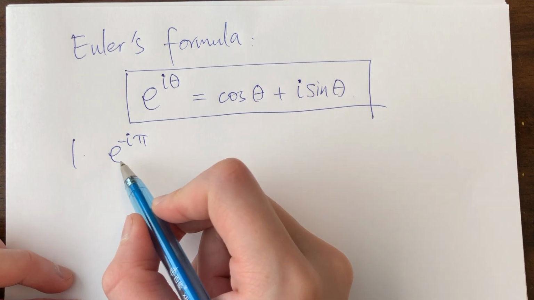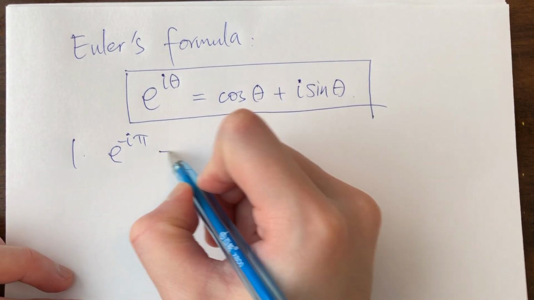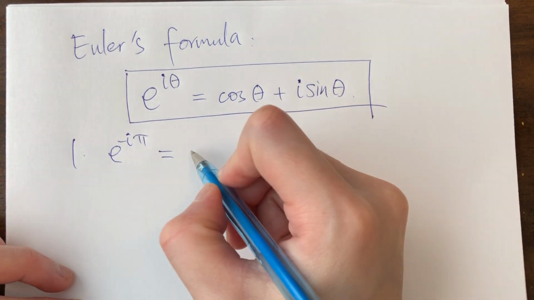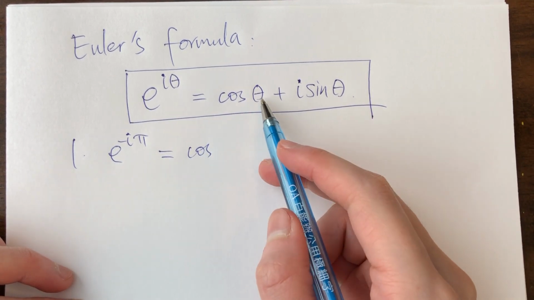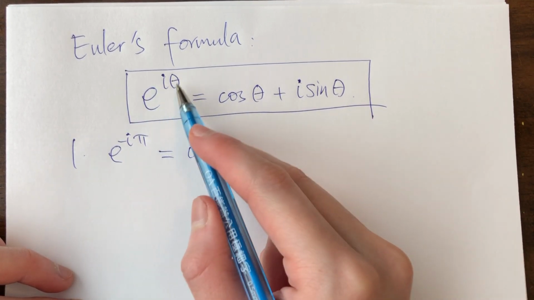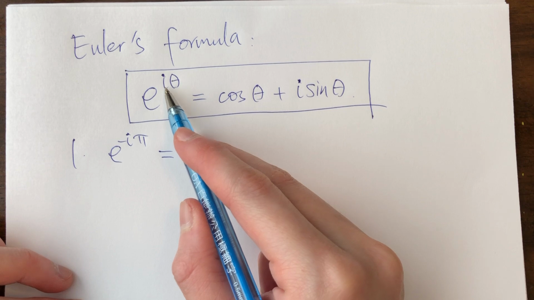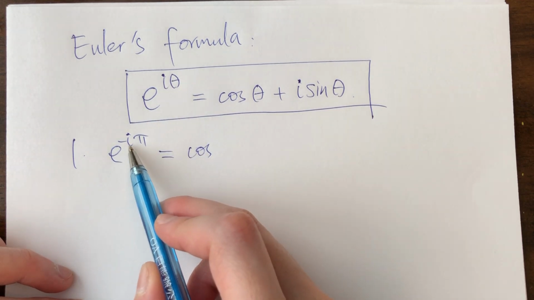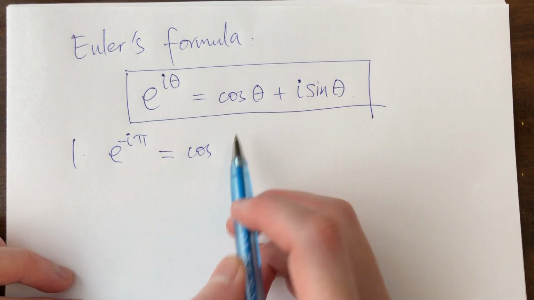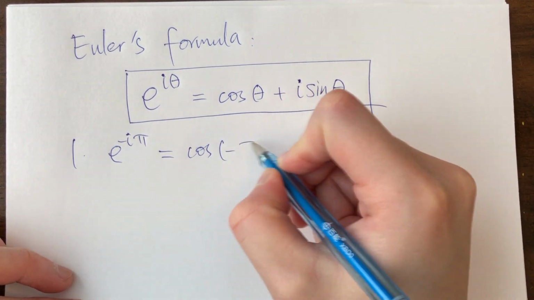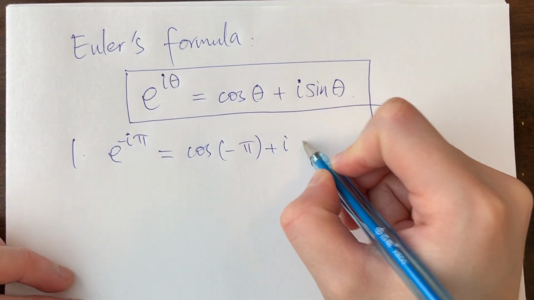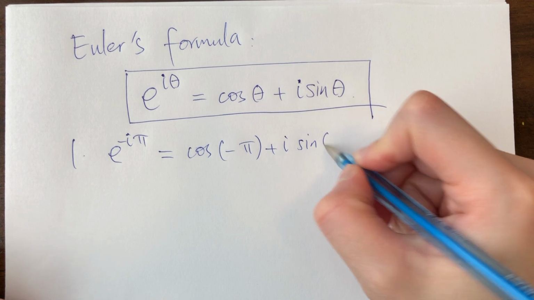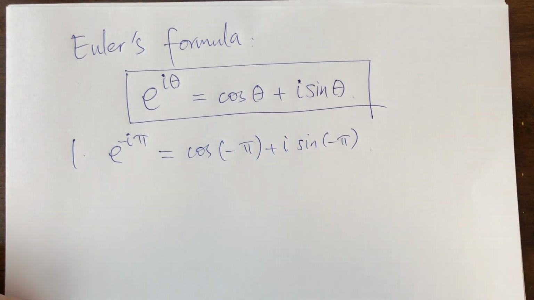So according to the formula, what is theta? Theta is anything in the exponent except the i. So if you remove the i, theta is negative pi, and we get cosine negative pi plus i sine negative pi.